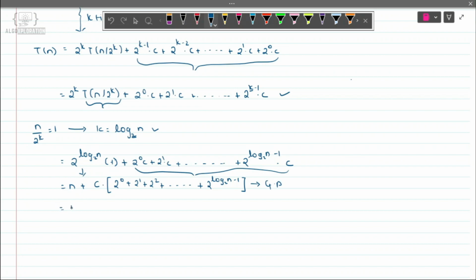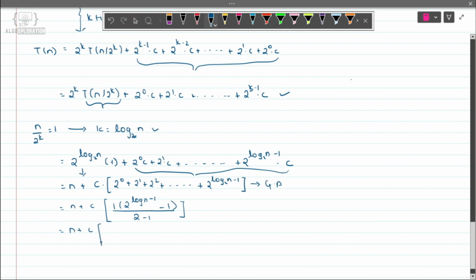So it will be n plus c into (2^(log n) minus 1) upon (2 minus 1). So n plus c into (n minus 1). The dominant term is n, so it will be order of n. So the time complexity of this pseudocode will be order of n.